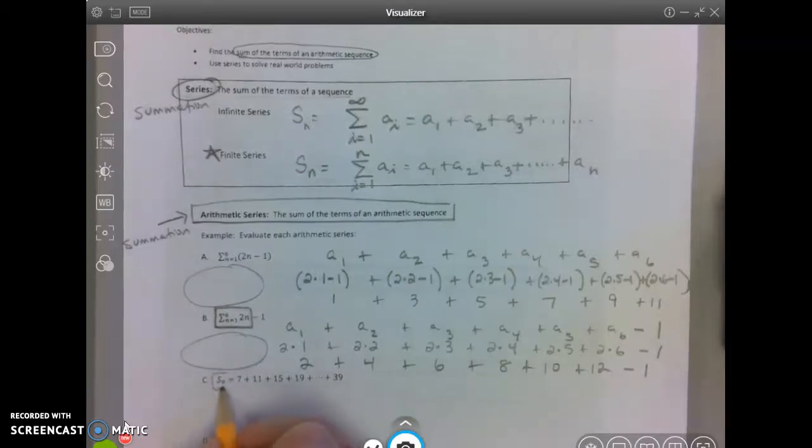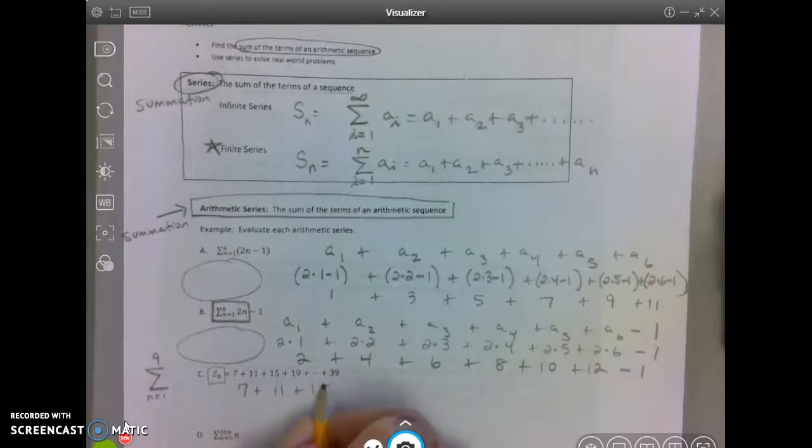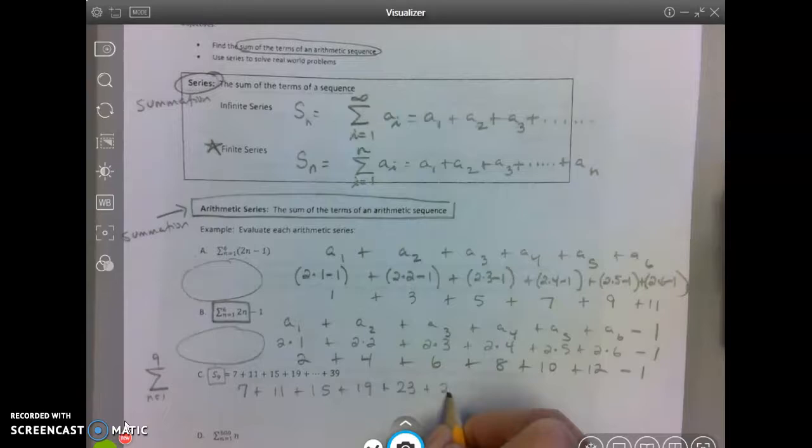This right here is another way of writing this. This means from n equals 1 to 9. So I've got to add up the first 9 terms. 7 plus 11 plus 15 plus 19. Well, I don't have the other terms. I've got to figure out this is plus 4 plus 4 plus 4. If I add 4, I get 23. If I add 4, I get 27.